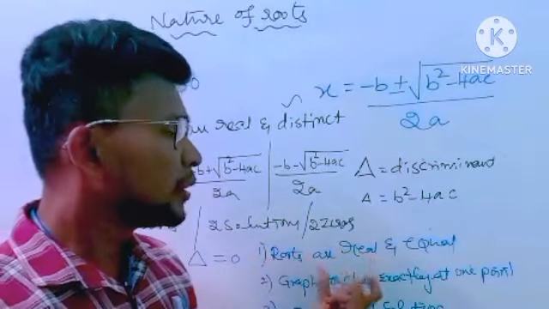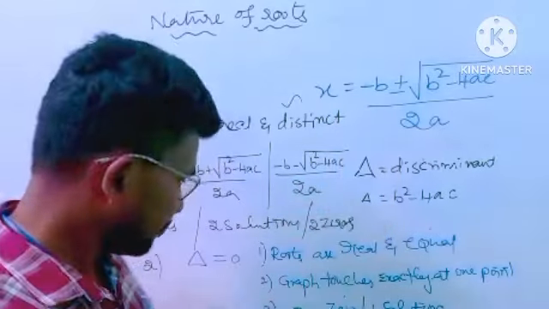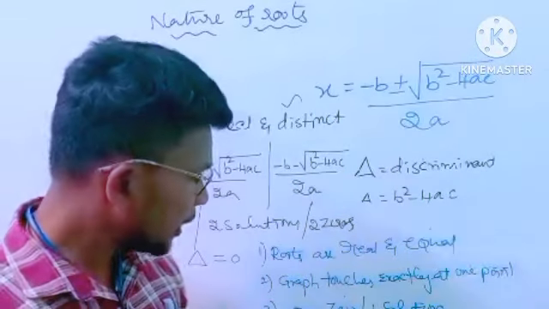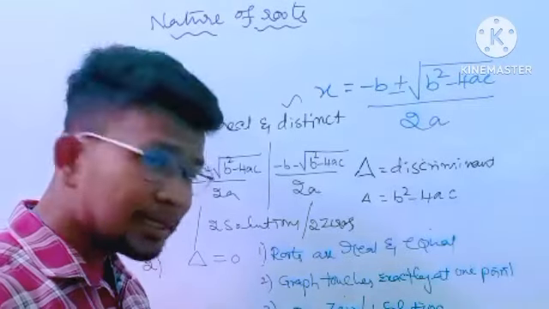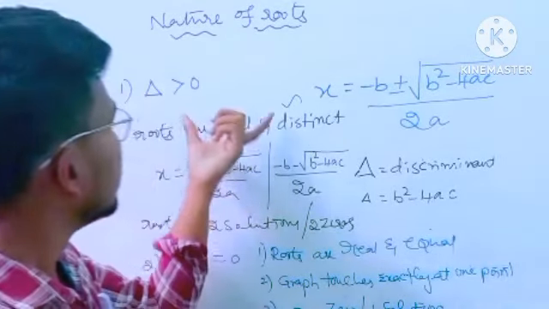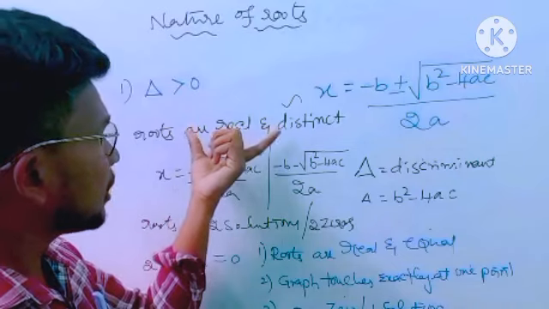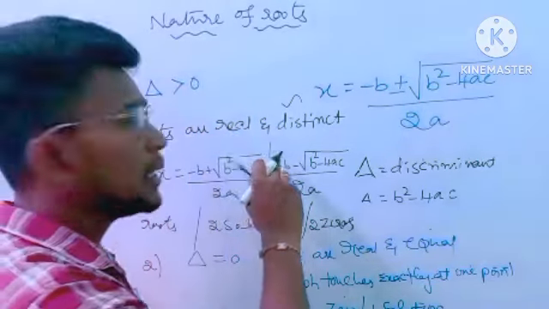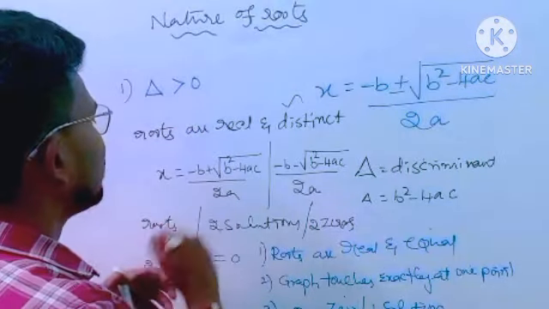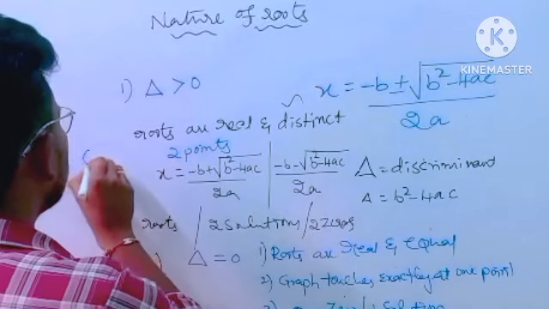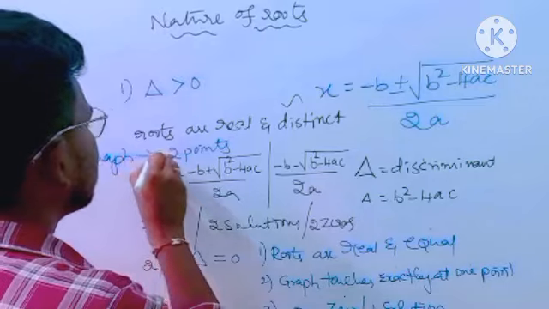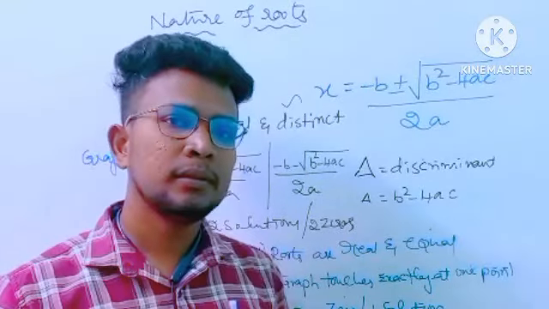If delta value is equal to 0, the roots are real and equal, the graph touches exactly at 1 point, and it will have 1 solution. X is equal to minus b by 2a is the formula. If delta value is greater than 0, the graph touches exactly at 2 points.